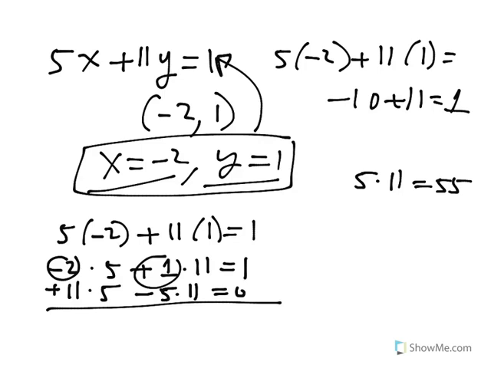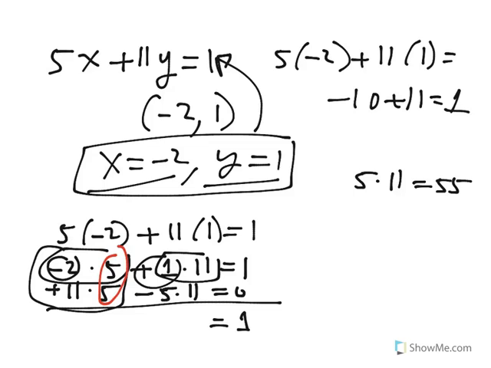So I basically added 55 to the first term and subtracted 55 from the second term, which is going to leave the answer as 1. When you combine these two things, the terms are like terms because they both have 5 in them: negative 2 plus 11 is positive 9, times 5. Same thing here.